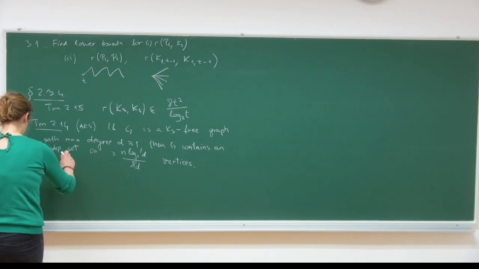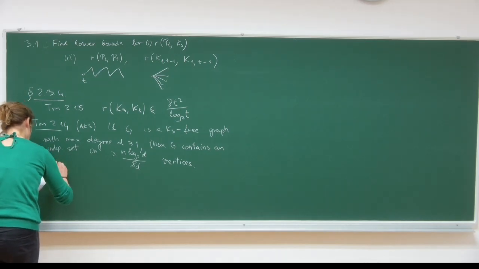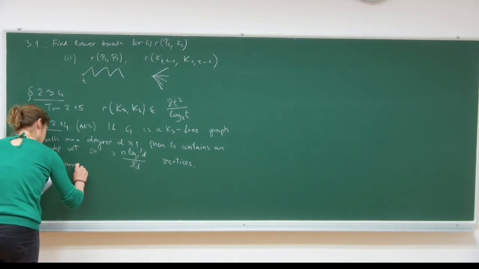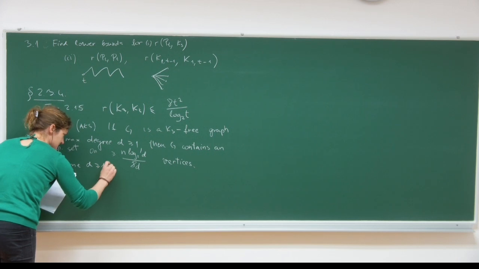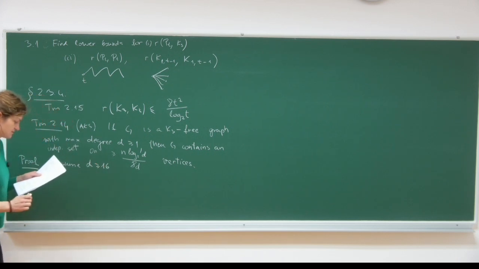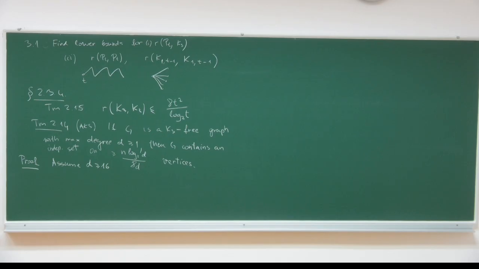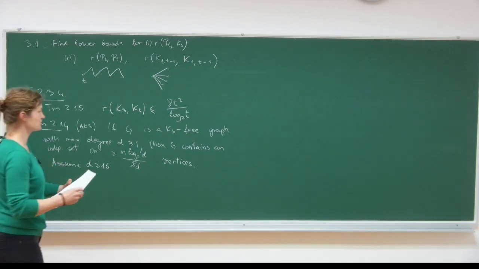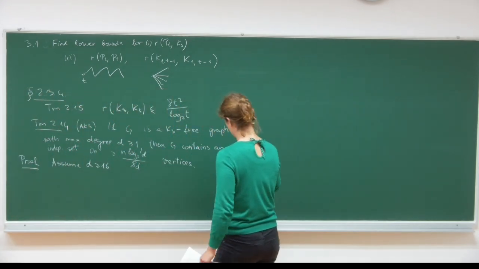And we may assume that D is at least 16. Can someone tell me why we can assume that D is at least 16? This is always all for sufficiently large n.